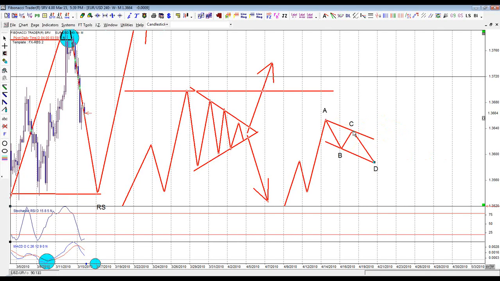And what we're going to do is we will be trading the break of the flag. Now, whenever the price breaks off this line that is connecting the A and the C, this will trigger the breakout.